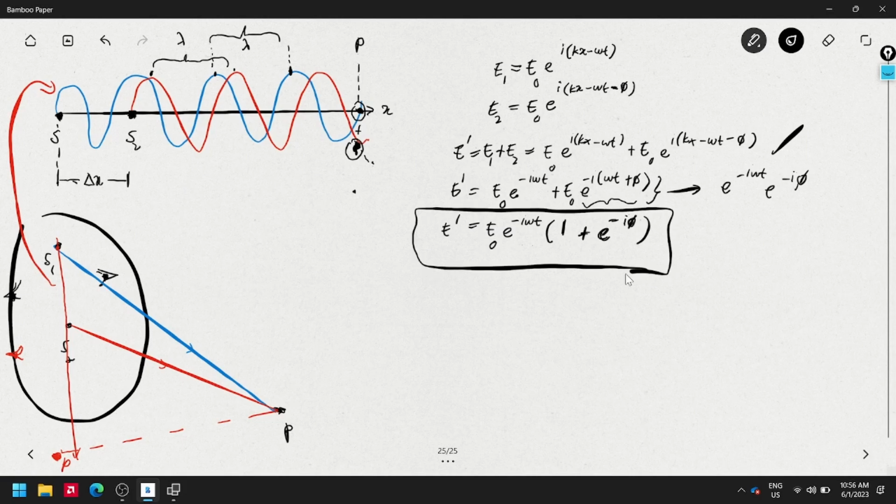So it is easy for you to use the exponential form to find the resultant wave rather than by using the cosine. If you use cosine of A plus cosine of B, this is for wave number 1, this is for wave number 2. I don't really remember the formula, so it's 2 cosine of (A plus B) over 2 times cosine of (A minus B) over 2, if I'm not mistaken.